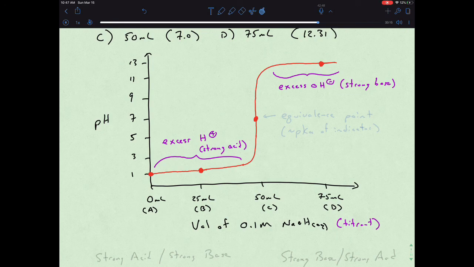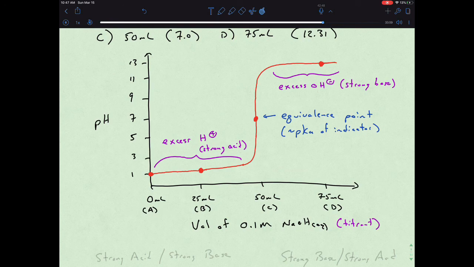And then here is our equivalence point. And this should be now that idea of being around the pKa of the indicator. We'll get more into that later. But that would be our equivalence point for the indicator that we would choose. And this is really kind of a telltale graph of a strong acid-strong base titration.